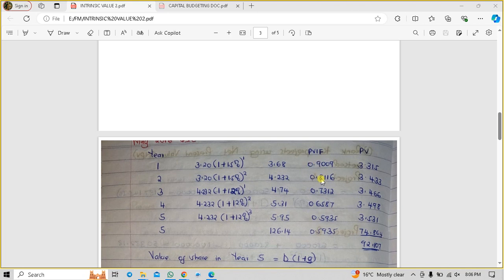The second year, 1 plus 11%, power negative 2.